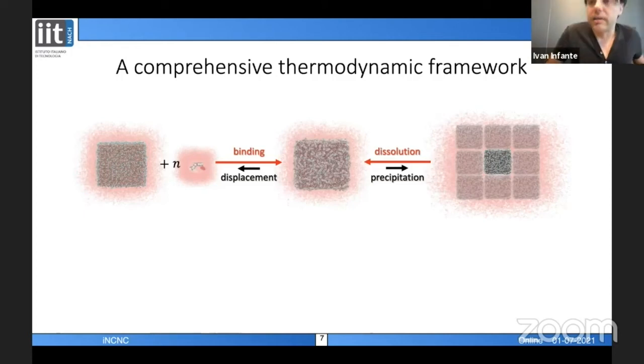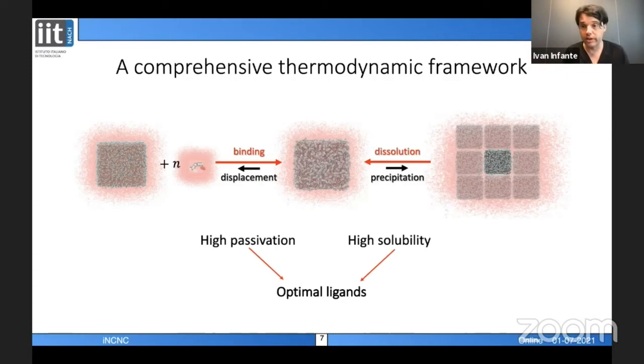So the point is that if you combine these two pictures together, the dissolution and precipitation of the nanocrystal on this side, together with binding and displacement of ligands on the nanocrystal surface, what you want to do is the following.